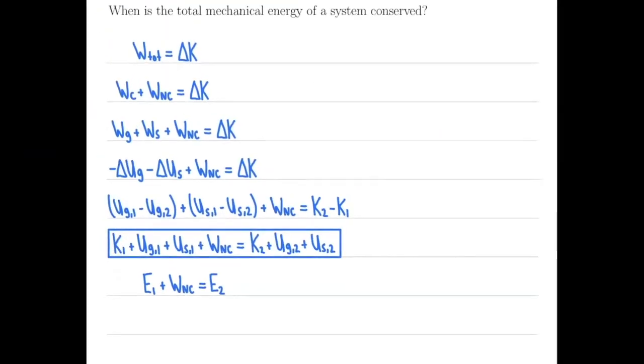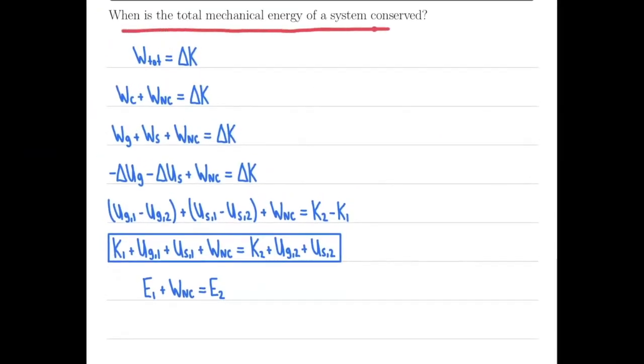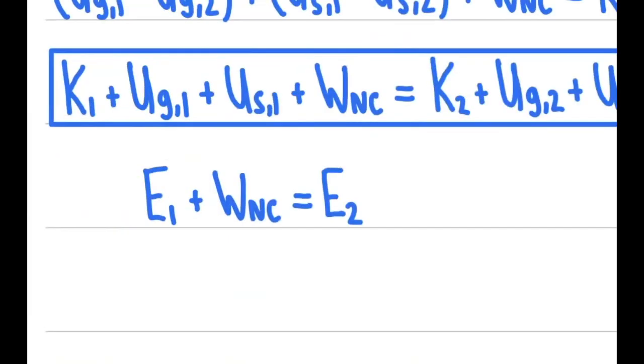So back to the original question, when is the total mechanical energy of the system conserved? It's conserved when E1 equals E2. So the only way that would happen is if the work done by the non-conservative forces is 0. All right, so let me write that down.